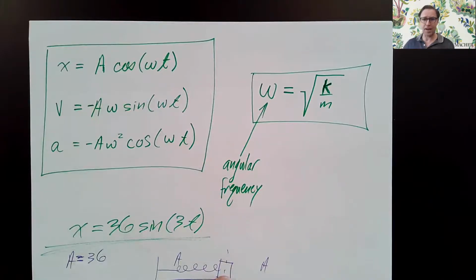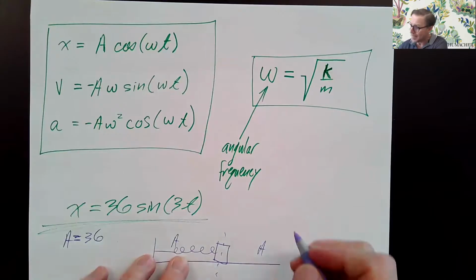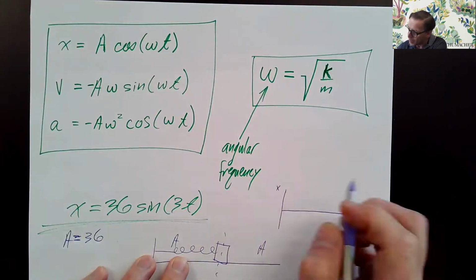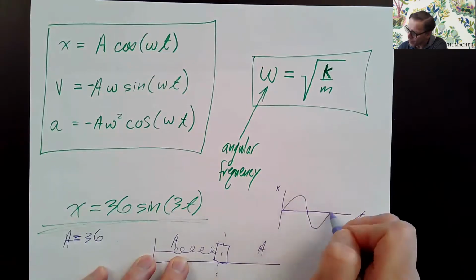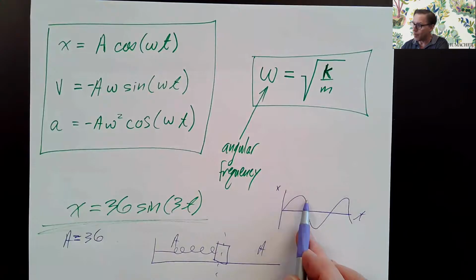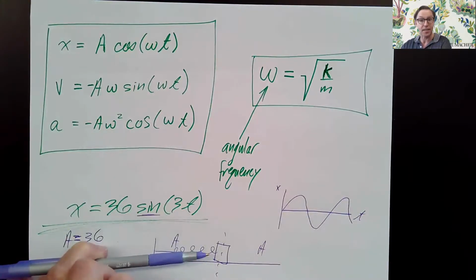Sure, maybe there's a block there and I hit it with a hammer. That would make sense. So if this is my x versus t, it looks like a sine graph, not a cosine graph. It moves to the right and then back to 0, and then it moves to the left and then back to 0. So this sine tells me it starts in the center and I hit it with a hammer to the right.